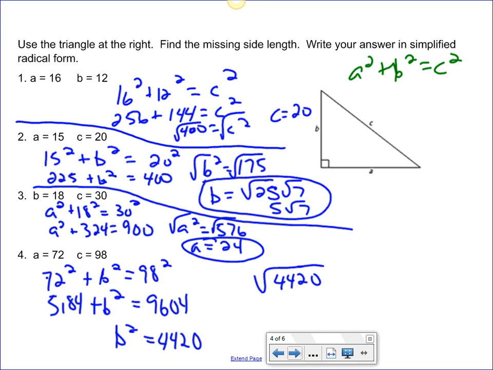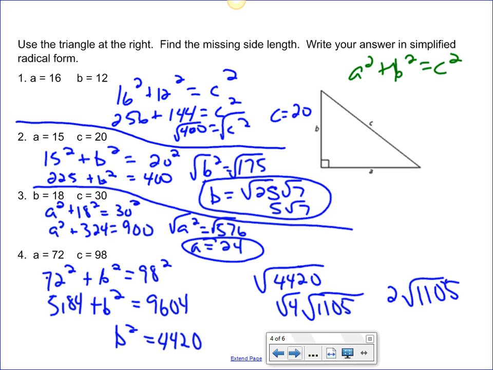So I'm just going to divide by 4. 4,420 divided by 4, I get 1,105. So if I check some other perfect squares in there, I'm not finding any right now, so I'm just going to put 2 square root of 1,105.